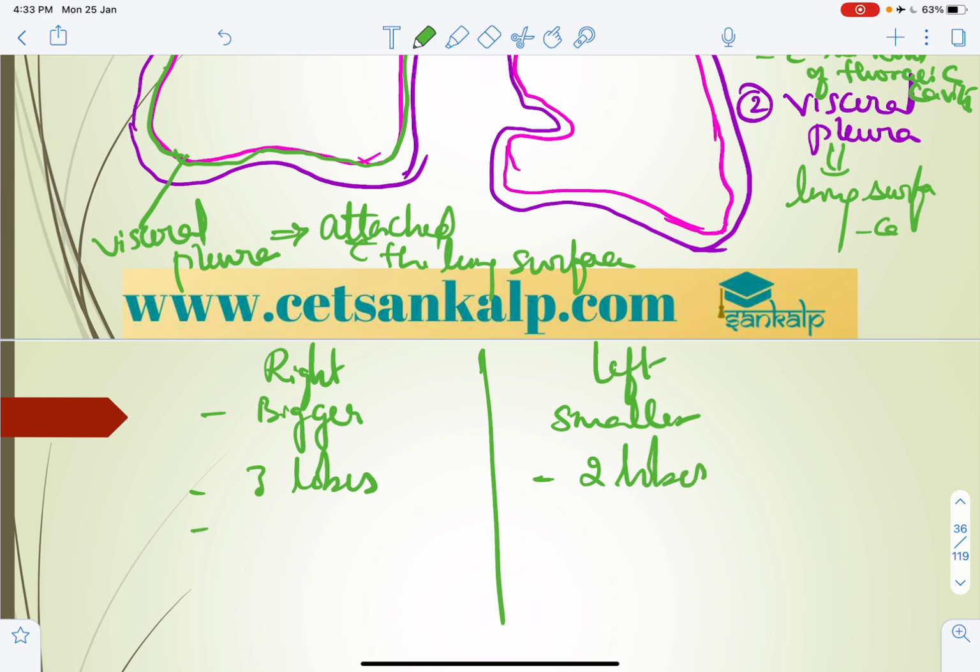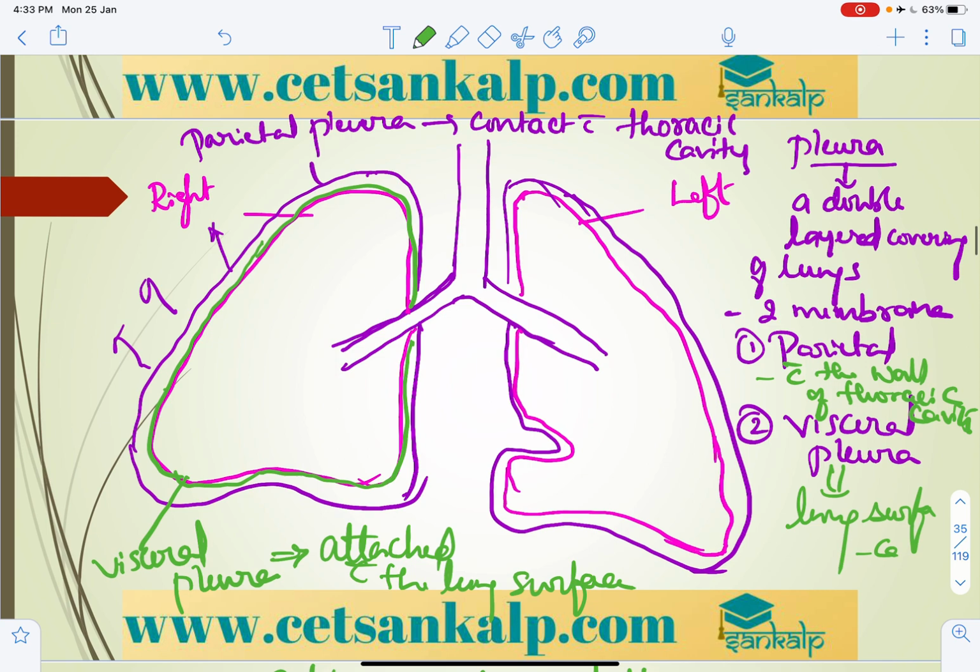How do we say there are 3 lobes? There is a horizontal fissure and an oblique fissure. The horizontal fissure divides the lung into 2 lobes, whereas the oblique fissure divides it into a total of 3 lobes.